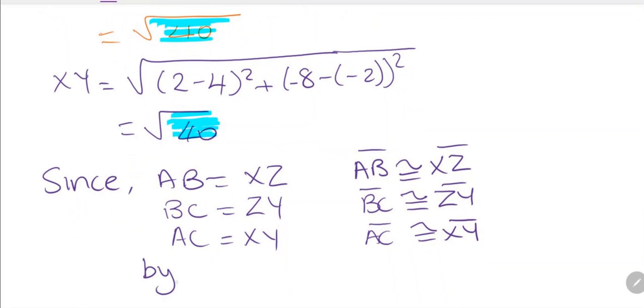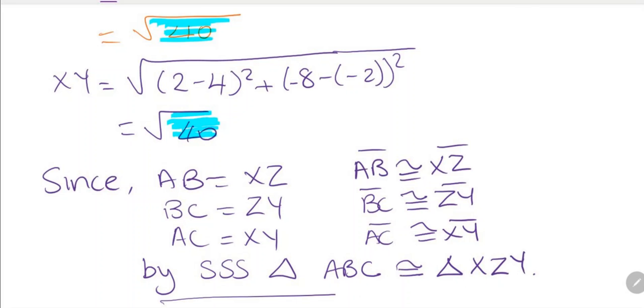And this is by side, side, side that we've proved that triangle ABC is congruent to triangle XYZ.